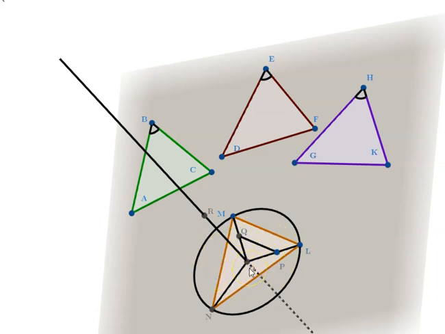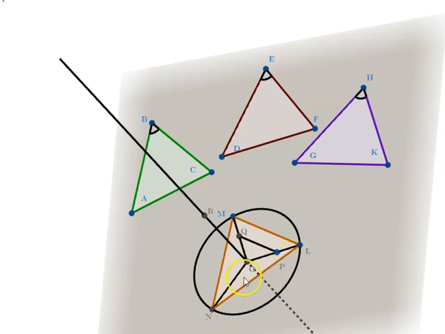And since we have said angle ABC is greater than POQ, that is LOM, that means DEF is greater than MON, and GHK is greater than NOL.